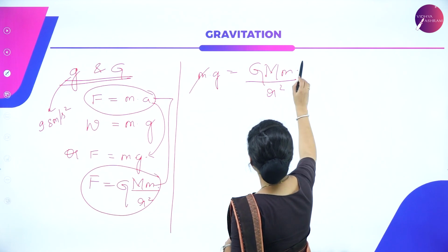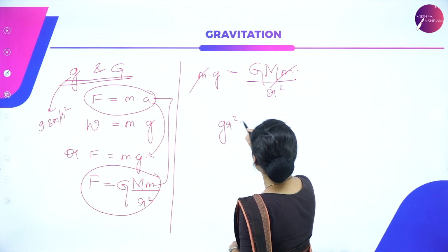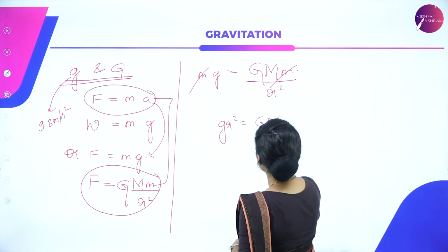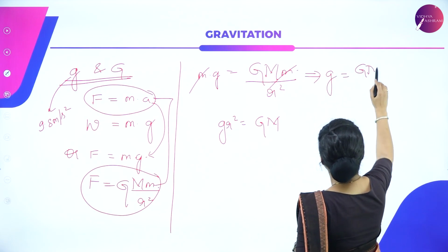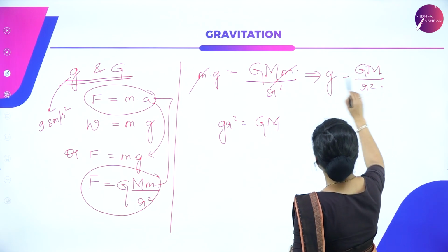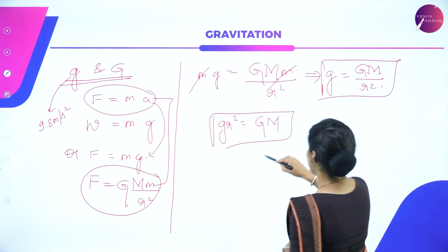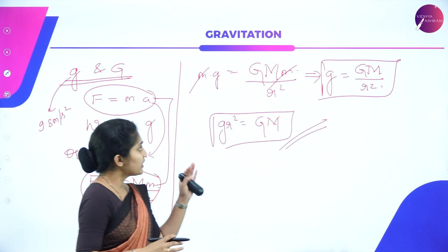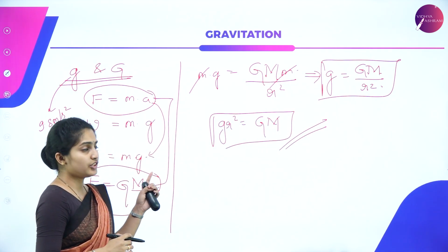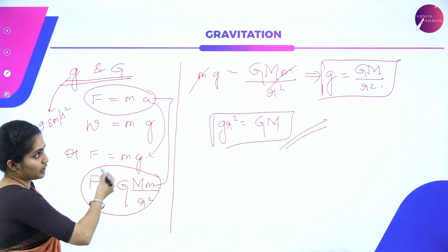The m cancels with m, so we have g r square is equal to G M, or g is equal to G M divided by r square, where r is the radius of the earth. You can write it in capital letter R as well. So this is the relationship between g and G, which are directly proportional to each other.